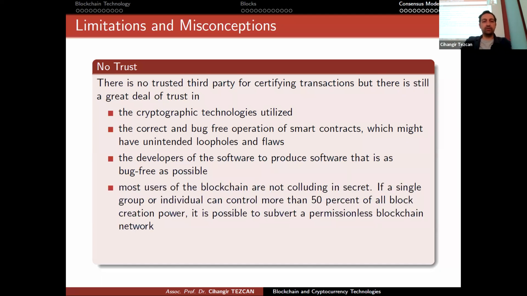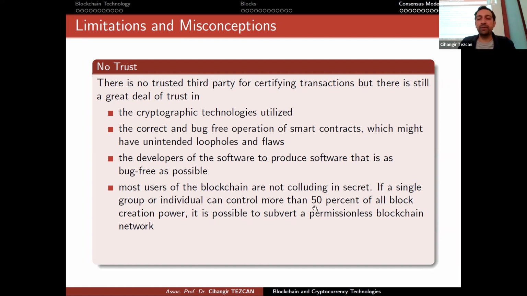We also need to trust that most users of the blockchain are not colluding in secret. If a single group or individual can control more than 50% of all block creation power, it is possible to subvert a permissionless blockchain network.